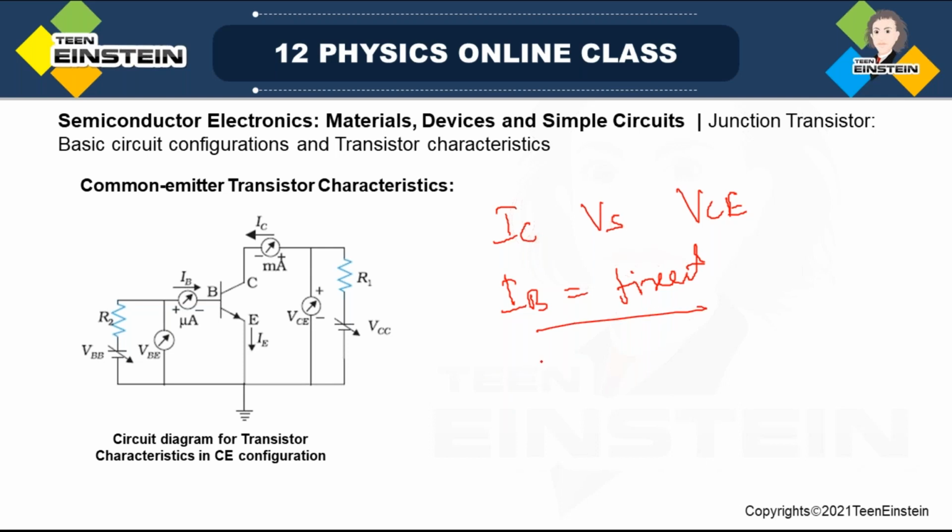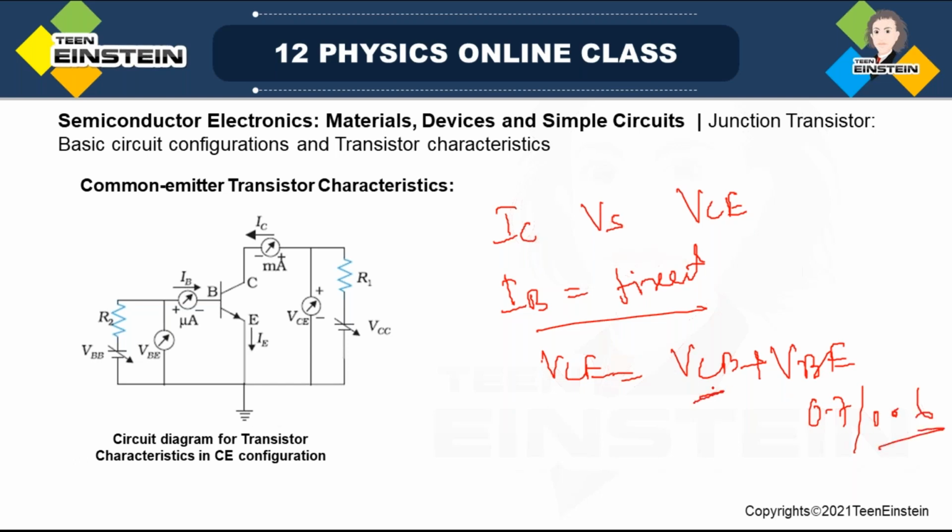Because if the VCE increases, then VCB plus VBE, VBE anyway constant 0.6 or 0.7, but VCB, this would actually affect the base current also. VCB also affects the base current. So as you increase VCE, see, this VCB increases, therefore both IC and IB change.